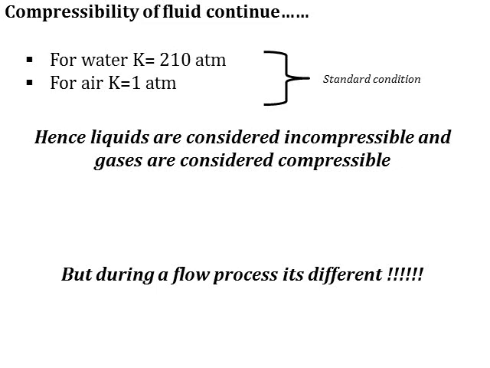This means that in order to reduce the volume of water by 1%, we have to apply a pressure which is 210 times greater than the atmospheric pressure. Whereas for air, it is just 1 atmospheric pressure to bring about the same effect. Hence, water is considered as highly incompressible, whereas air is considered as highly compressible in nature.